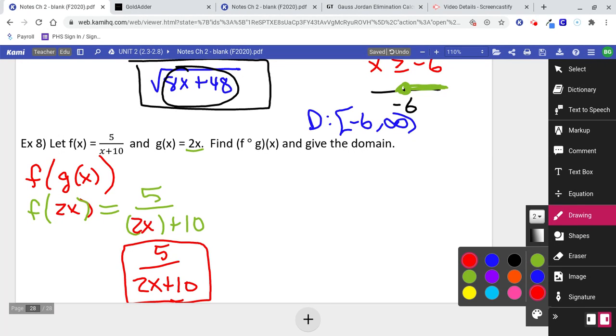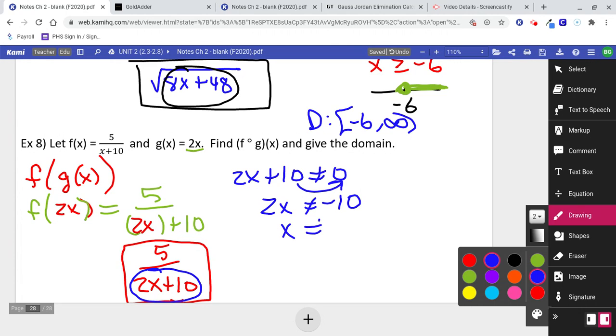As for the domain, are we going to have a problem with a 0 on the bottom of a fraction? Yes. So we have to worry about that equaling 0. 2x plus 10 cannot equal 0. Otherwise, you get a 0 on the bottom of your fraction. Subtract the 10 over, so 2x should not equal negative 10.